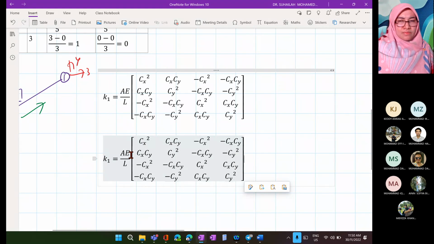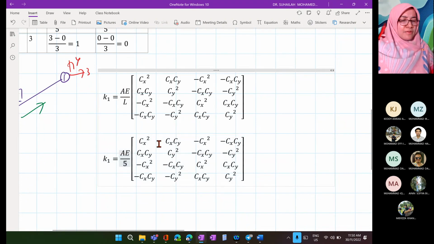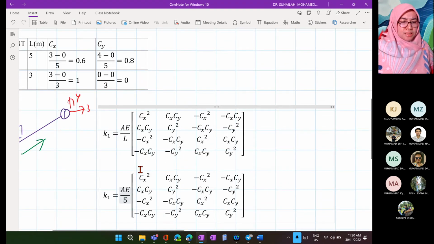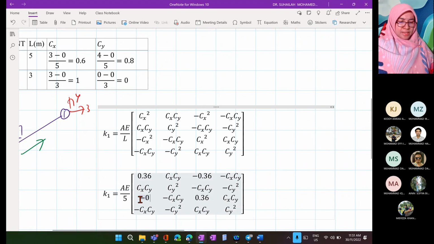We remain AE constant. It is AE over L, L is 5, so we replace L with 5. CX square means 0.36. This is negative 0.36, and this is positive 0.36.